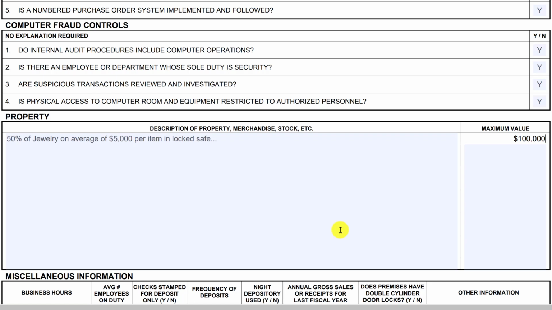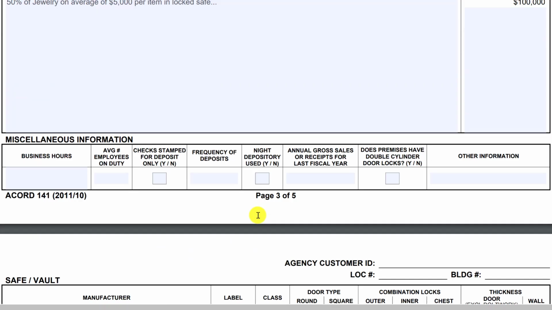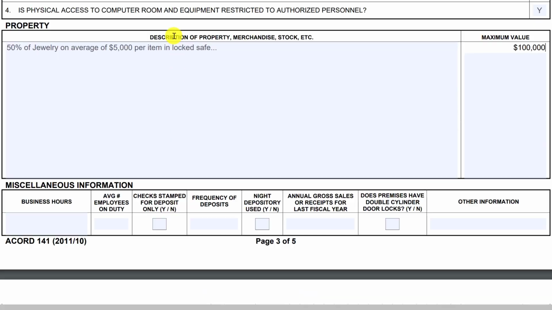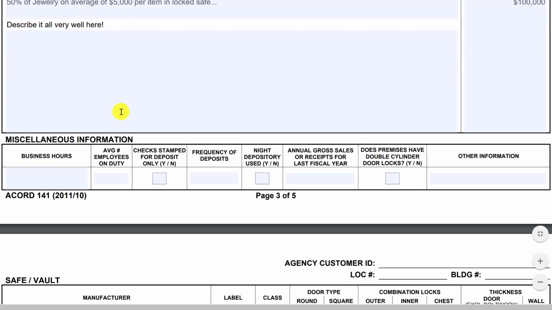But if all your jewelry is in excess of $5,000 per item, now you've got a nicer store, or $30,000 per item, you could have a really high-end store. So describing the property and listing the maximum value, describe well here. This will get you the sale with the underwriter.